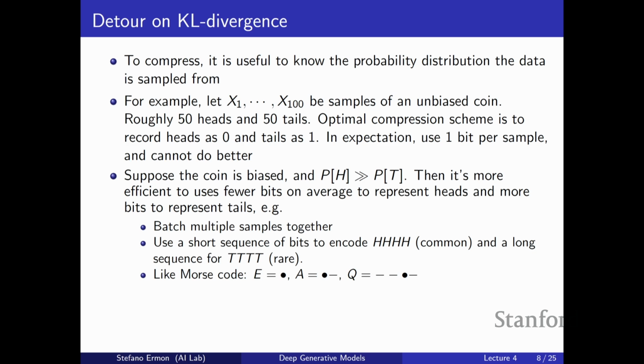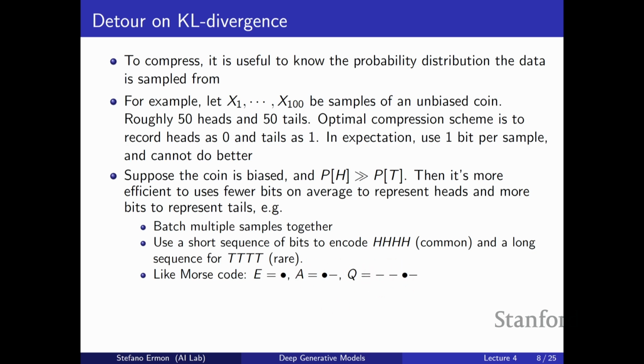An example that many of you are probably familiar with is Morse code. That's a way to encode letters to symbols, like dots and dashes. And if you think about it, there is a reason why the vowels like E and A are assigned very short codes, while a letter like Q is assigned a very long code with 4 elements.